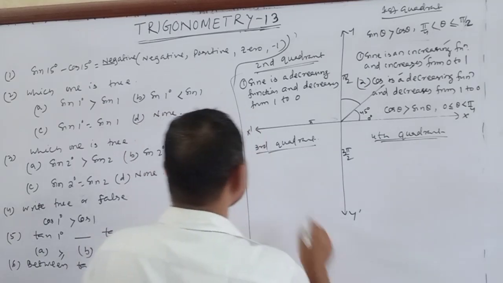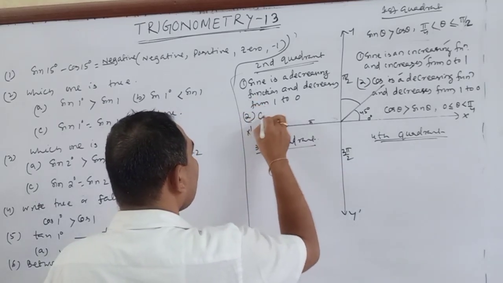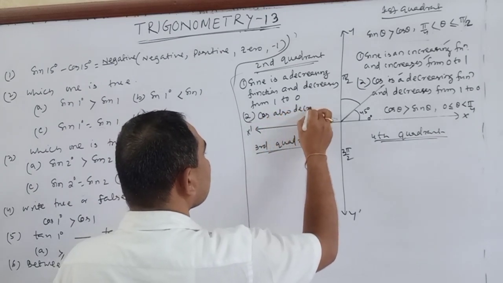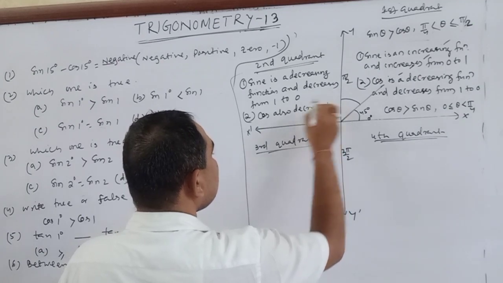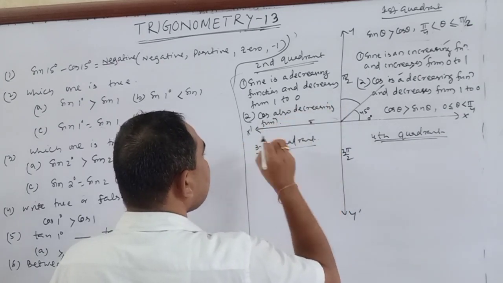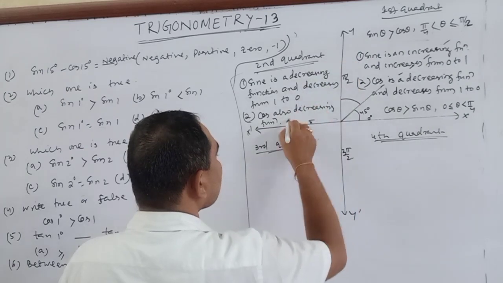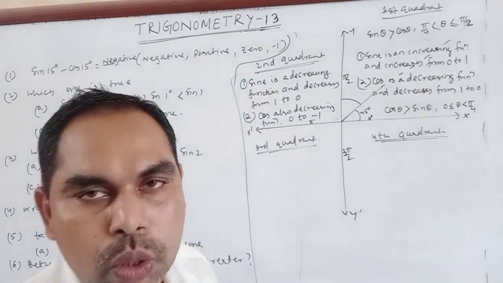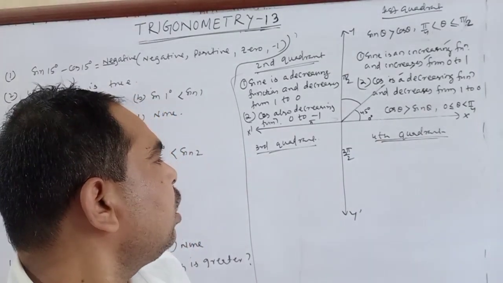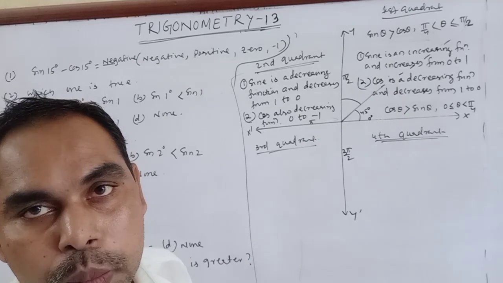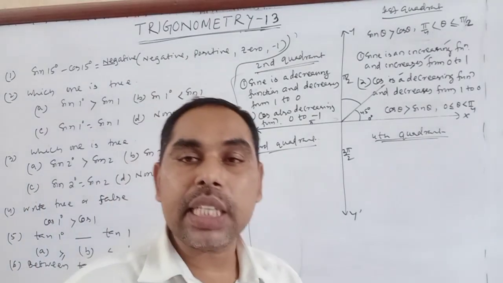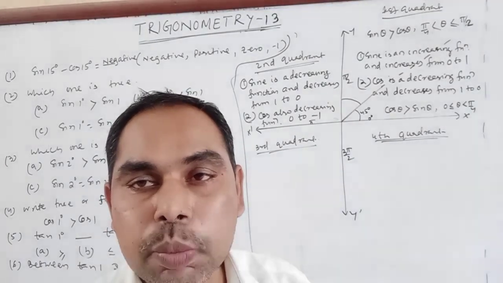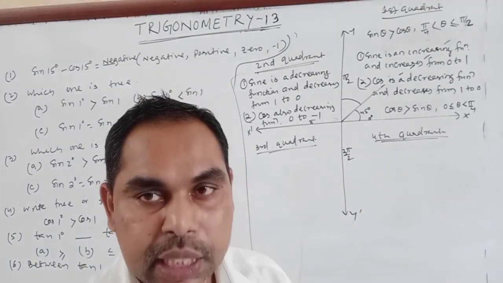Cos is also a decreasing function and decreases from 0 to minus 1, because cos pi by 2 is 0, cos pi is minus 1. So both sin and cos are decreasing functions in second quadrant; sin decreases from 1 to 0, cos decreases from 0 to minus 1, okay?